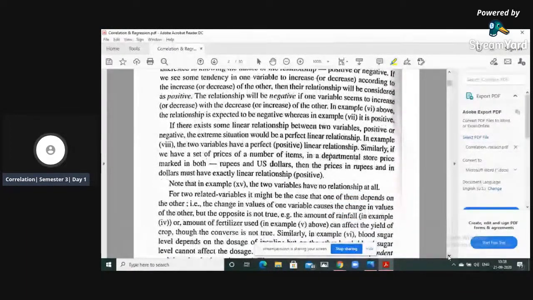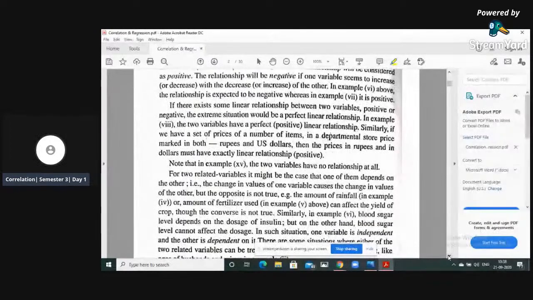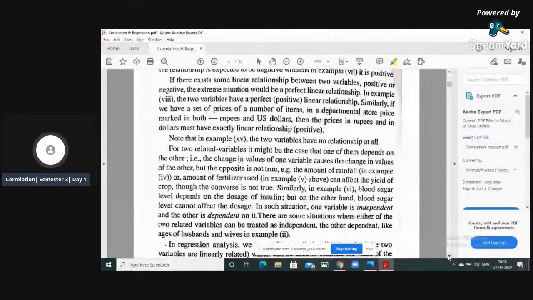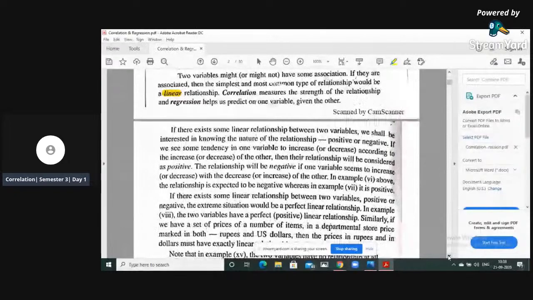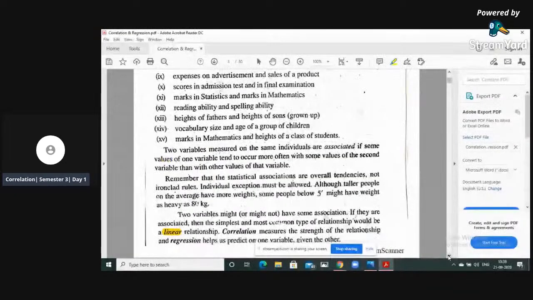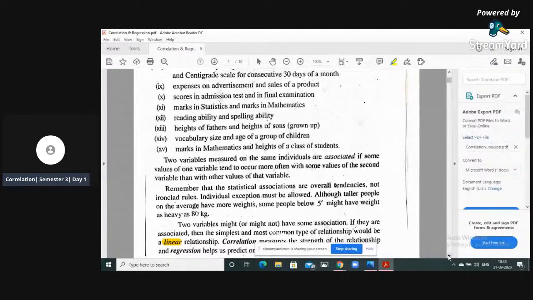Now, there can be a third kind of relationship, which states that there is no relationship at all, or zero correlation. That kind of example is example 14 or 15: marks in mathematics and height of a class of students.